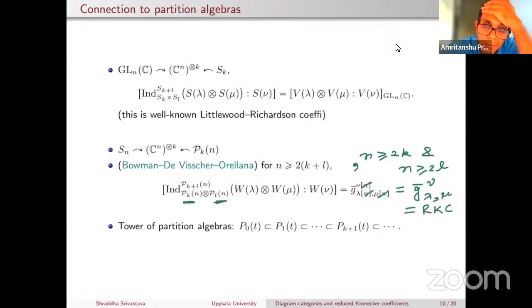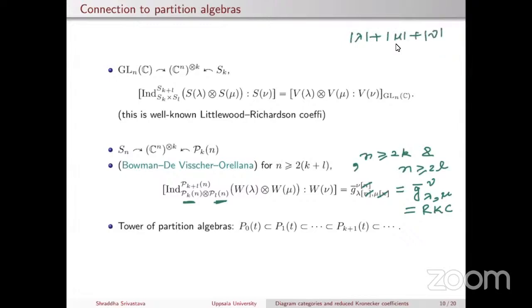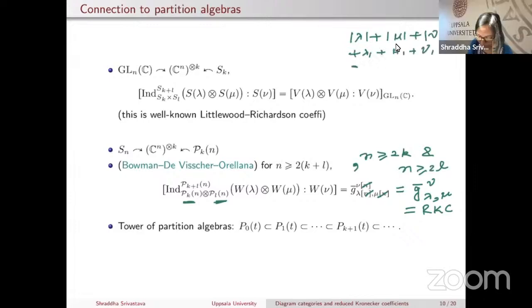What's your best estimate for the stabilizing n? Sridhar knows this answer, I think. He has written his thesis. I keep getting confused too. I think it's something like mod lambda plus mod mu plus mod mu. Okay, Sridhar is telling something by 2. I checked it. I think Oriana has given this.